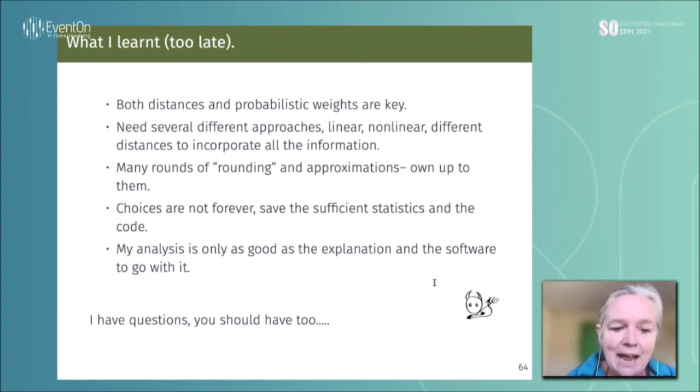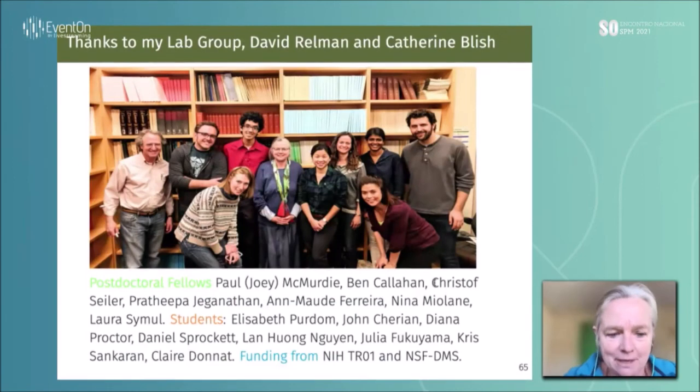And then I have many questions for mathematicians, and I'd be encouraging of you to ask me questions about the statistical part. And so I want to thank my lab group, the people I've worked with. Here they are.